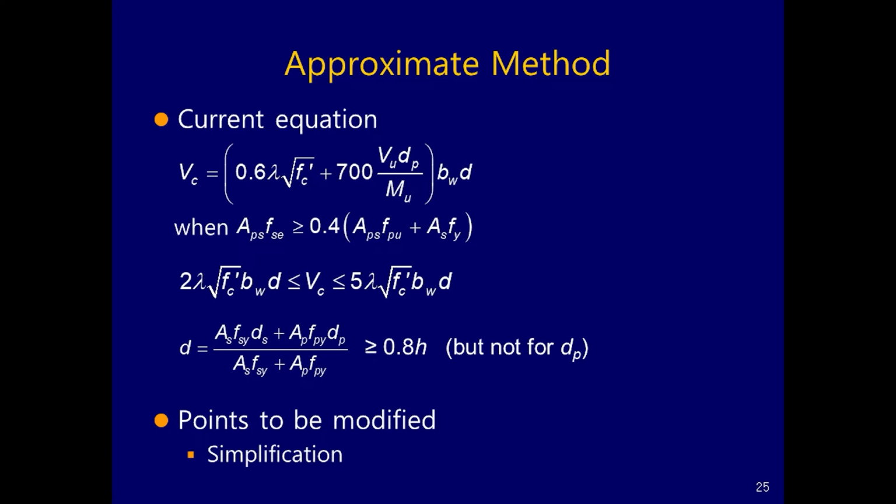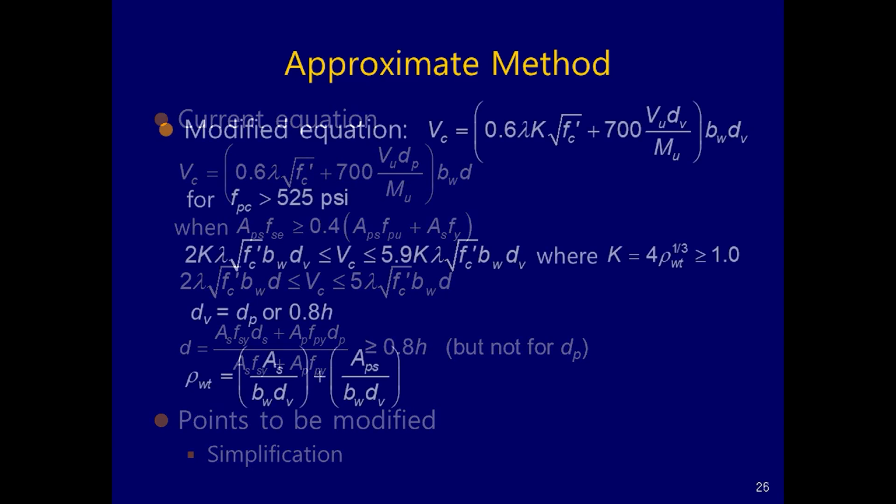And d here is hard to calculate. Anyway, it should be not less than 0.8h, but that's not applicable to d_p. d_p could be less than 80% of h. So the approximate method is supposed to be simple. However, the current equation is not simple, so the purpose is to simplify this equation.